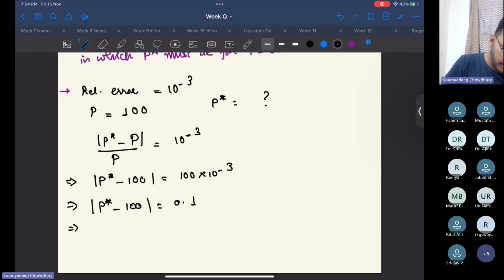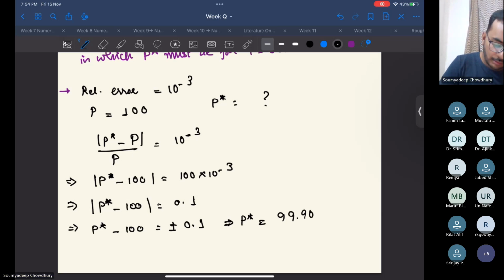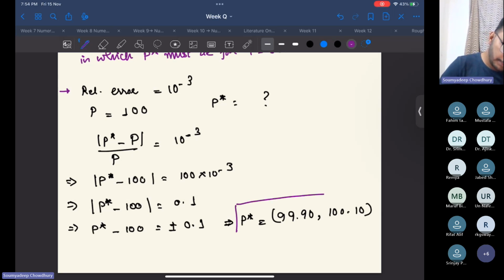Yes, correct. You're absolutely correct. So basically from here we can write P star minus 100 equals to plus minus 0.1. So P star will be 99.9, that is, it will be included. The interval is P star from 99.9 to 100.1.